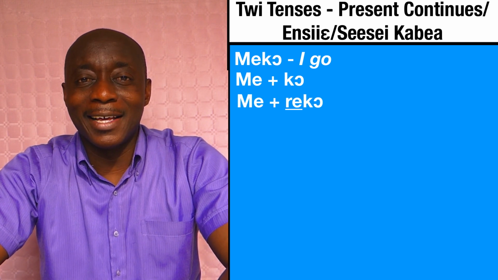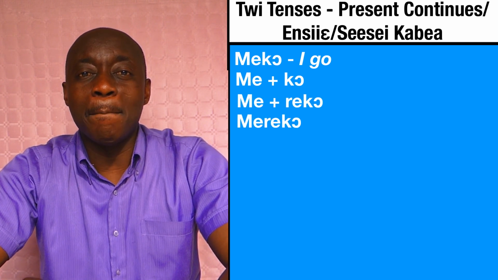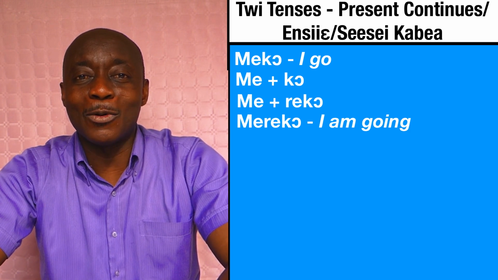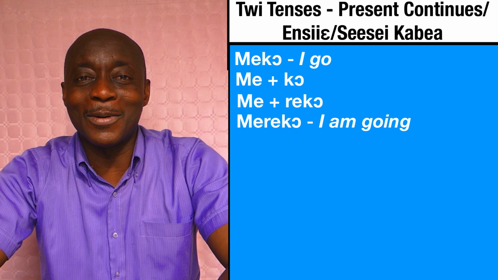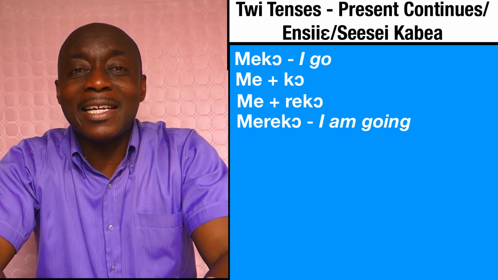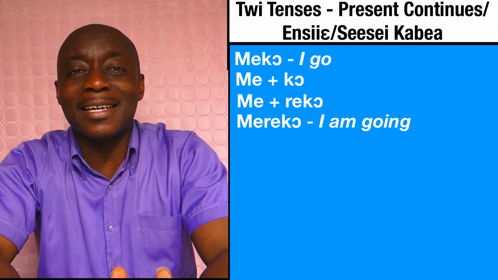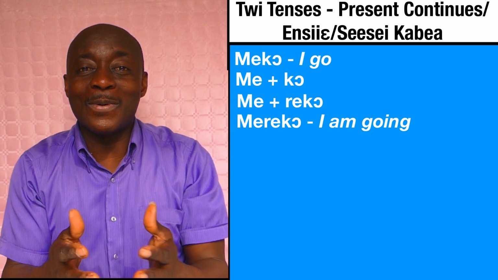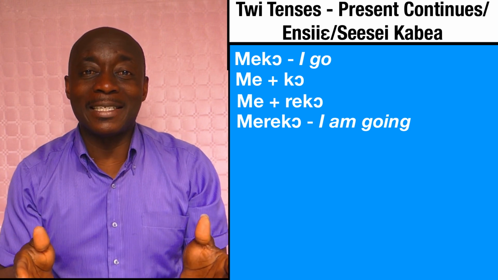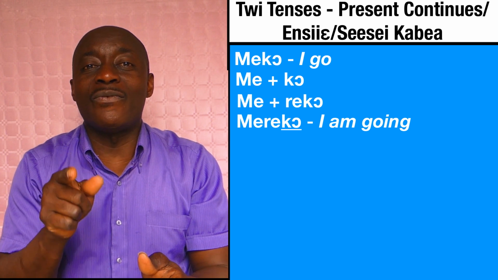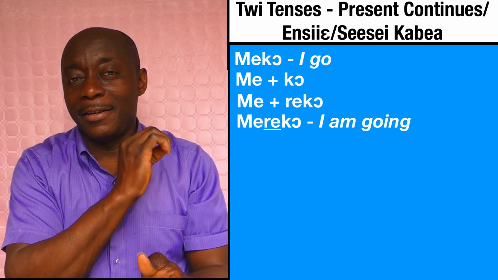Re. So it will become what? Mereko. That is I am going. That is all you need to do to convert a statement from the simple present tense to the present continuous tense. Preface the verb with re.